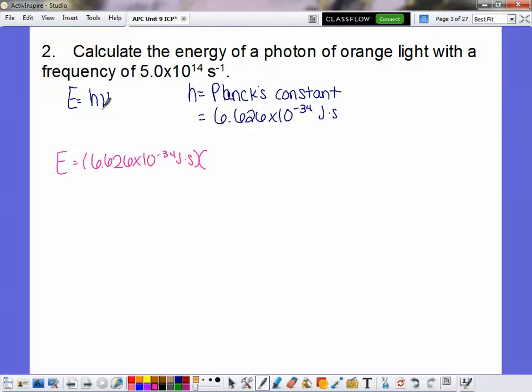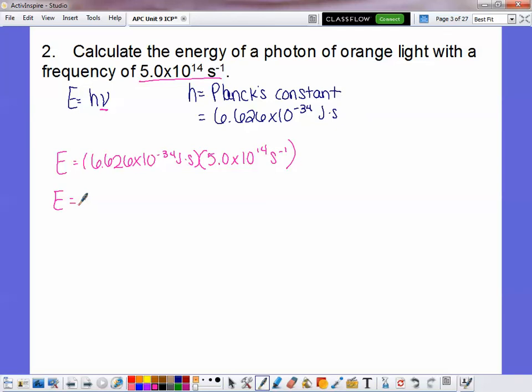And frequency, nu, is given right here. We don't need to convert it. It's already in the appropriate unit. And this just happens to be orange light, FYI. Orange light has that frequency. So you're just going to multiply. Notice that seconds and seconds to the -1, they're going to cancel.